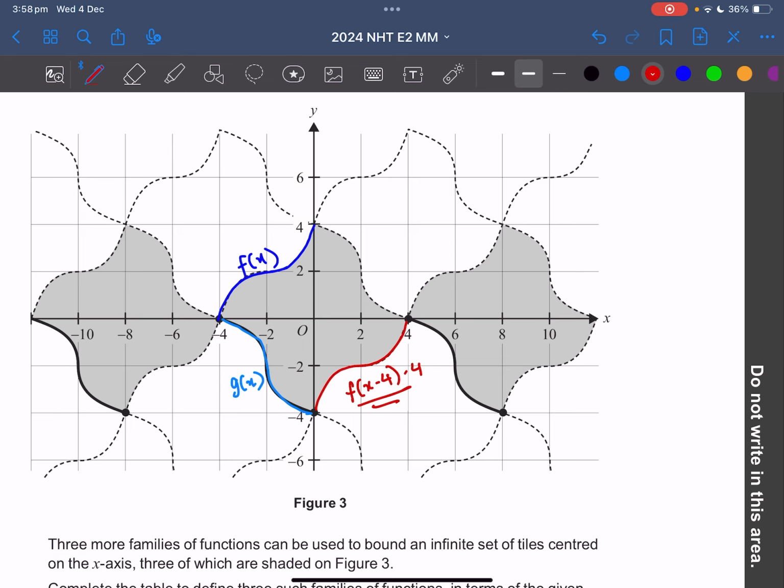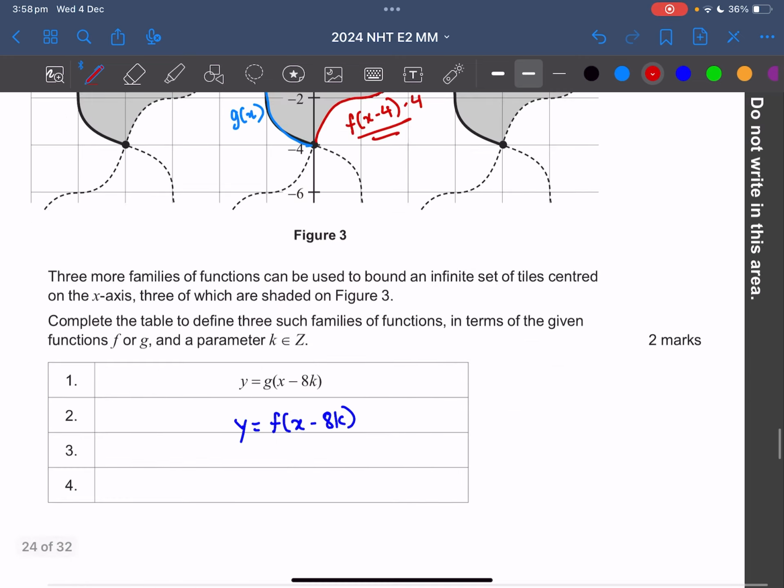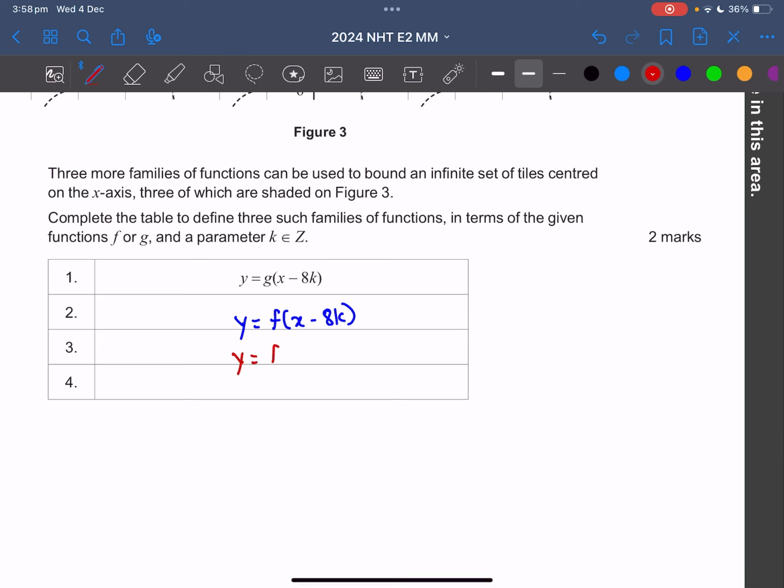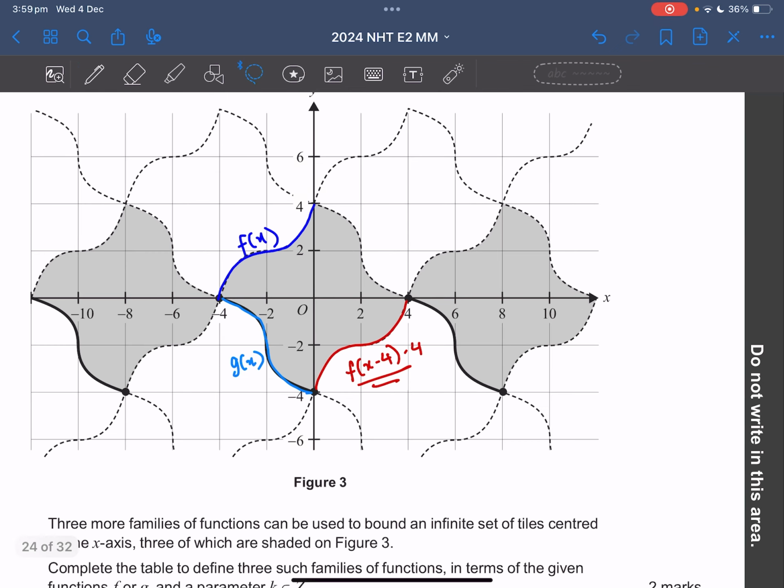So that is the translation. So we can say that y equals f of x minus 4 minus 8k minus 4. Because if we move this graph 8 units to the right, we'll land on the same graph, and if we move 8 units to the left, we'll still land on the same graph. So 8k is still constant.